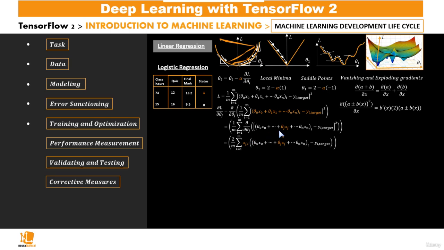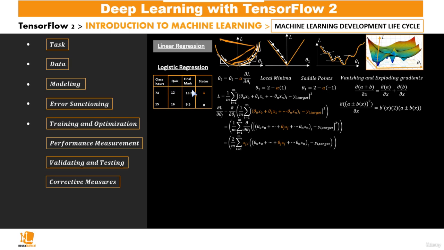Now let's look at all the different values we have in here, and look at the points where we have theta j intervening. So we notice that it's only here we have theta j, because here we have theta 0 x0 plus dot dot dot right up to theta j xj plus right up to theta n xn.